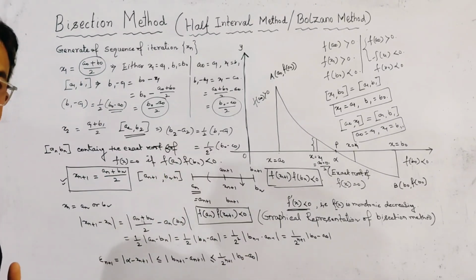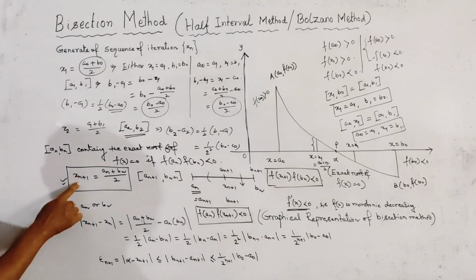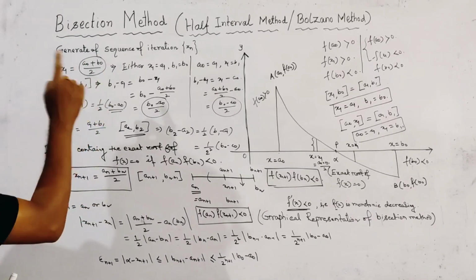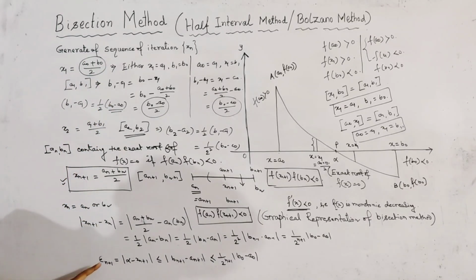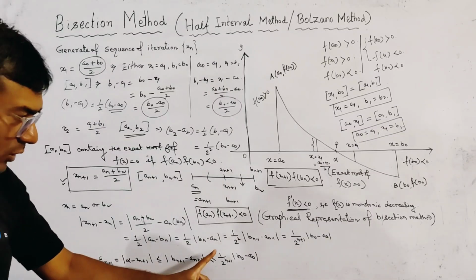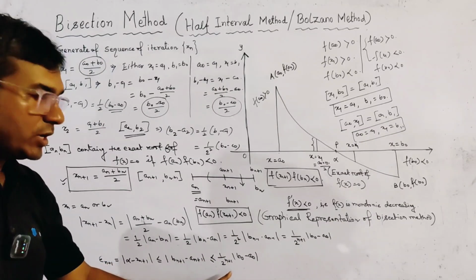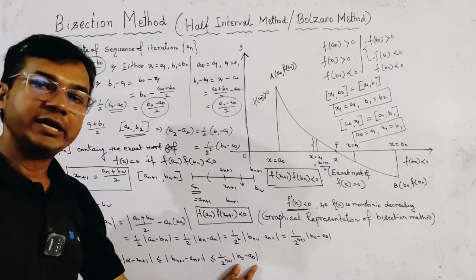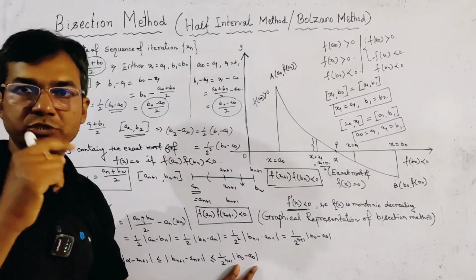That is, this is the general iteration formula of the bisection method, and the error at the n plus 1th approximation is at most half to the power n plus 1 into the length of the initial interval of approximation.